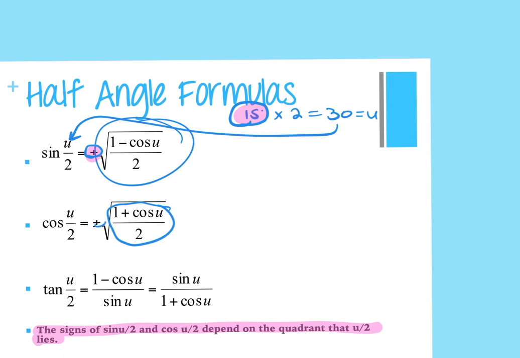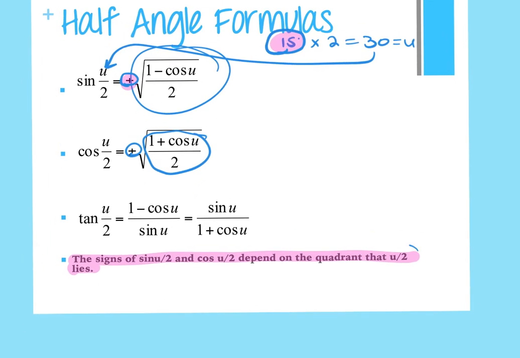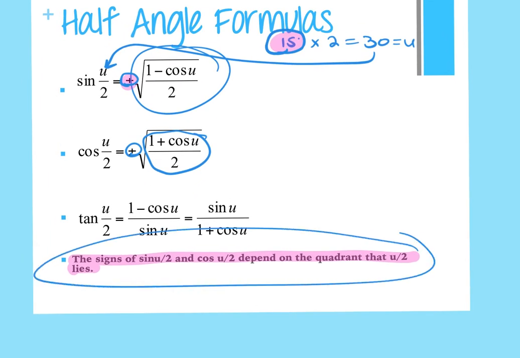If my original angle was in the second quadrant, then my sine would be positive, but my cosine would be negative. Does that make sense? If my original angle is in the third quadrant, they're both negative. If my original angle is in the fourth quadrant, then the sine is negative, but the cosine is positive. I'm going to work through an example, but that's what this means on the bottom. Okay? The u over 2 is your original angle.